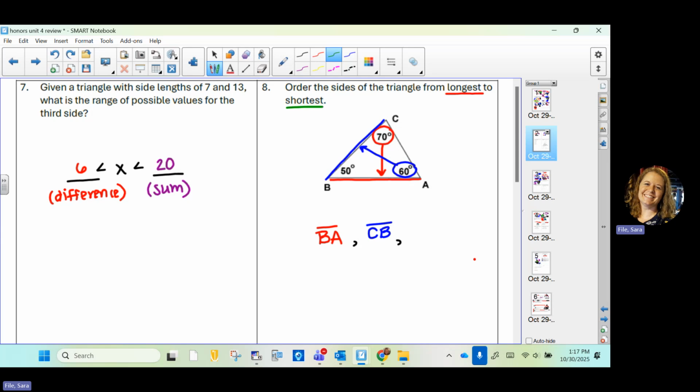And then the shortest is going to be across from the smallest angle, which is 50. So that is side AC. So those are my side lengths ordered from longest to shortest. Even though I don't know the side lengths, I know that that's the order that they have to be given these angle measures.